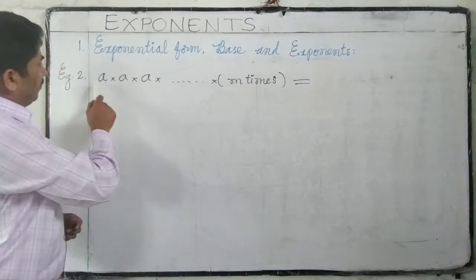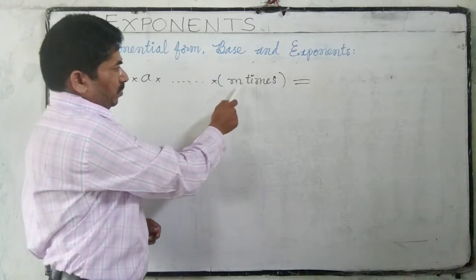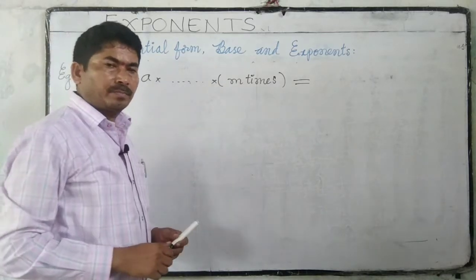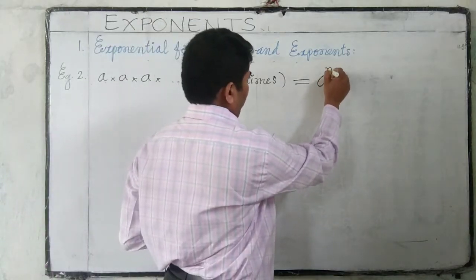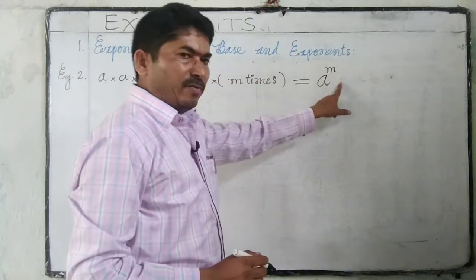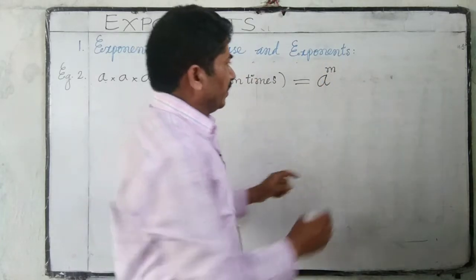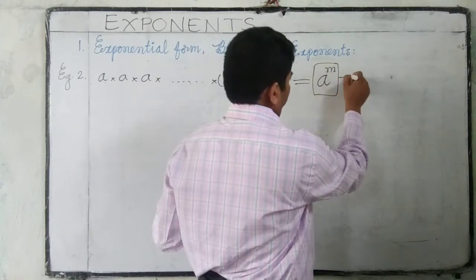One more example, a into a into a into a up to m times is equal to a to the power of m. This a to the power of m is a short form, called exponential form.